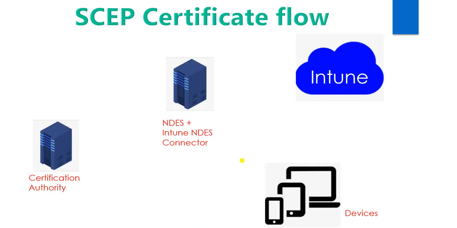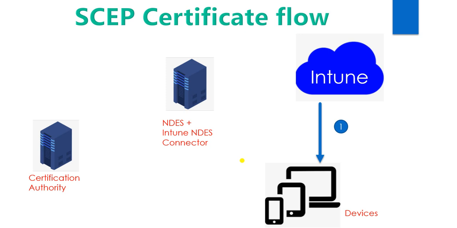This is the flow chart I have created to make you understand how the device will get authenticated from the NDES server and the certificate authority. So you have Intune in place, you have the devices, you have the NDES server with the Intune NDES connector, and you have a CA, certification authority. So let's try to understand this.